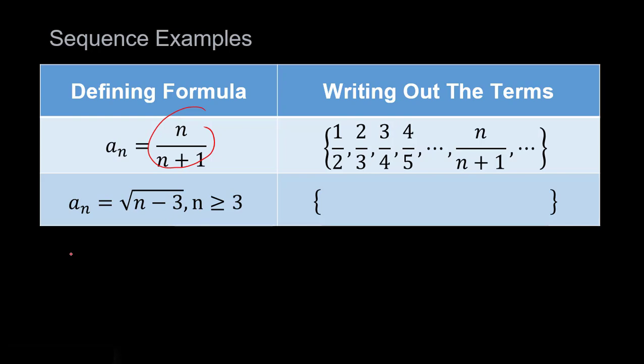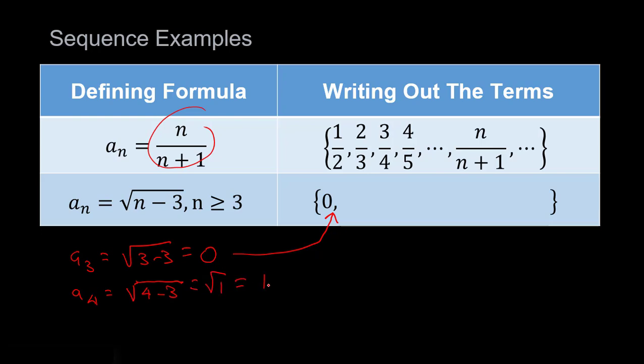So our first number in this sequence is going to be a sub 3, and that's just going to be the square root of 3 minus 3 equals 0. I'll go ahead and plug that in for our first term up here. Next term is just going to be a sub 4, so that's just going to be the square root of 4 minus 3, which is the square root of 1, which is going to equal 1.